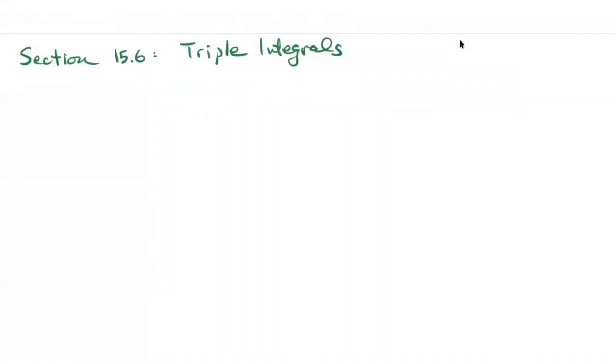Okay, so we're doing triple integrals. This is basically summing a function through a solid.